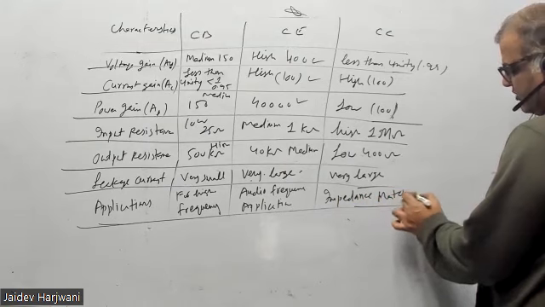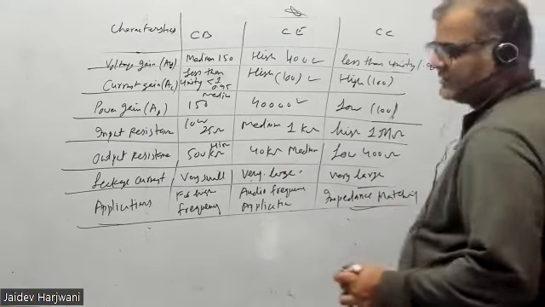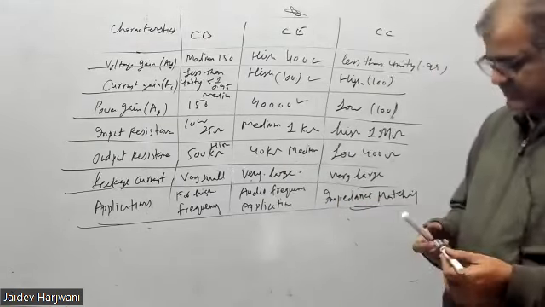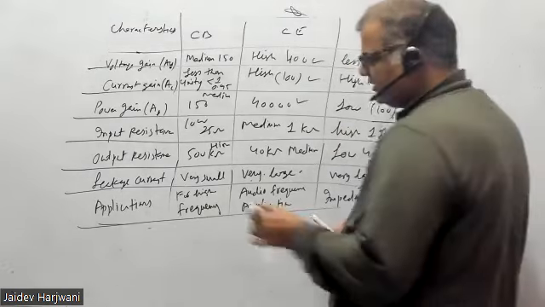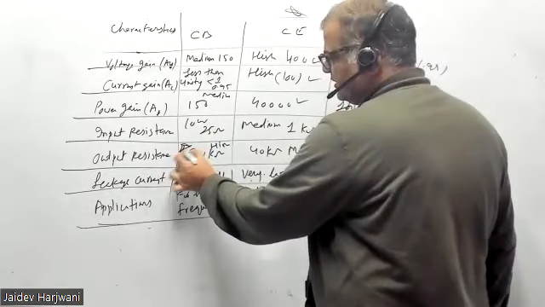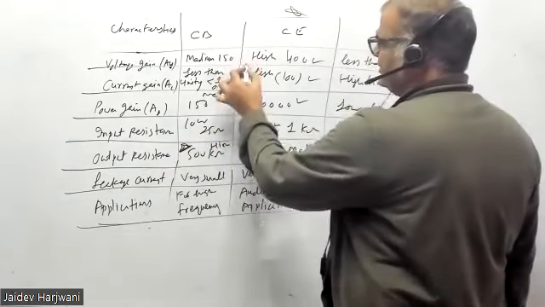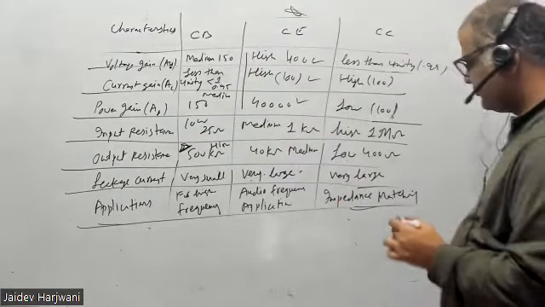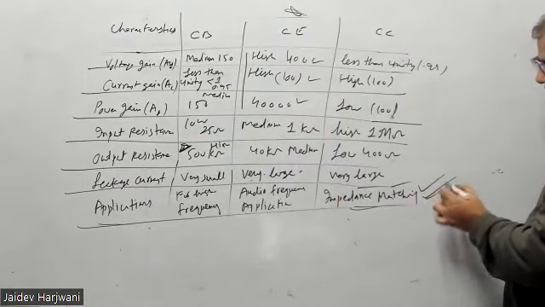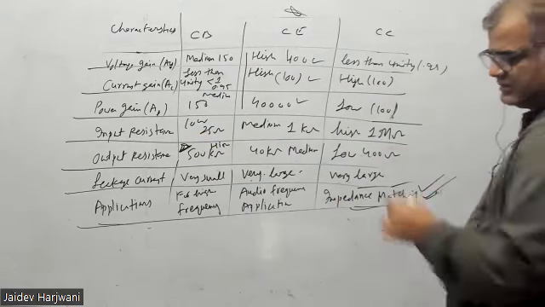This point only you have to remember. Sometimes the objective paper asks this type of question. So here you have this high. Remaining three things are high here. And this you remember, this is for impedance matching. These questions get asked.